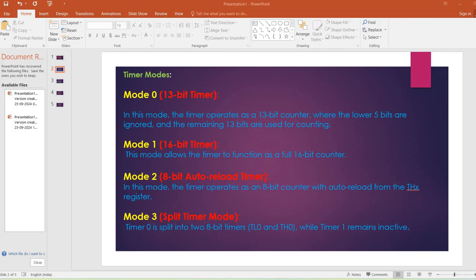And mode 3 is a split mode: two 8-bit timers, split as TH and TL, the high and low bytes. In mode 3, Timer 1 will be inactive. The other modes are the same for both timers, and mode 3 has the only change: Timer 0 will be split and Timer 1 inactive.